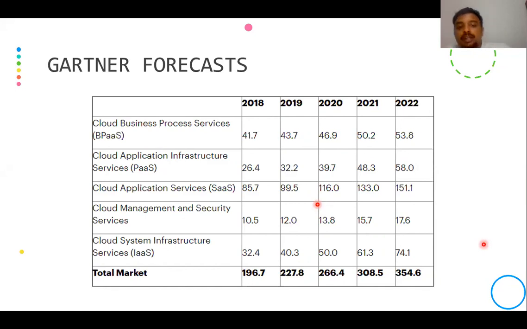Gartner Magic Quadrant is considered one of the key indicators of how the technology trends are shaping up around the world.